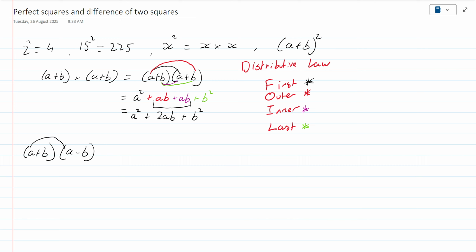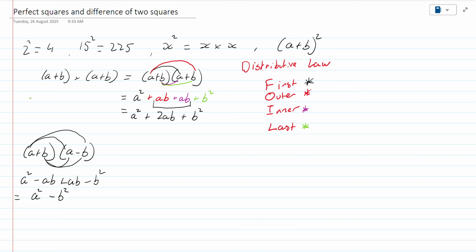So our first terms give you a squared, a times negative b give you negative ab, b times a give you positive ab, b times negative b gives you negative b squared. Now we have negative ab plus ab, so we have negative 1 plus 1 will give you 0. So our simplified version this time is a squared minus b squared.